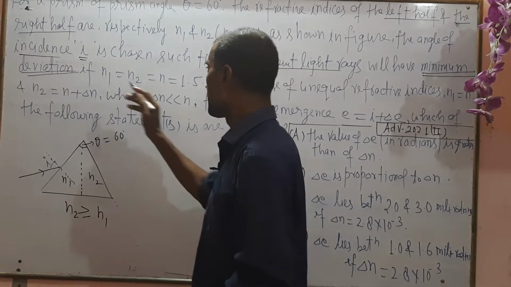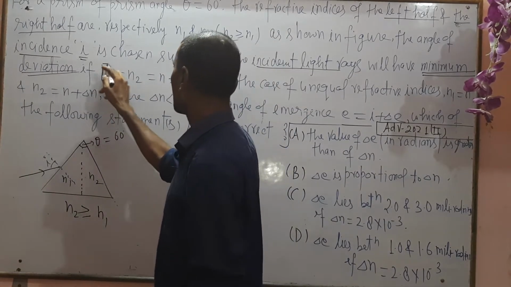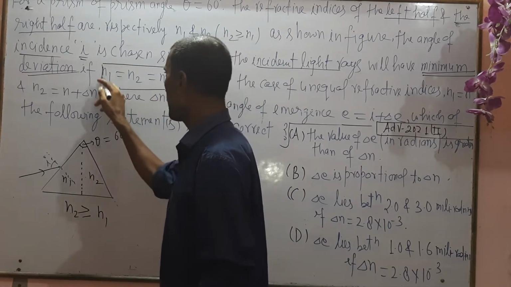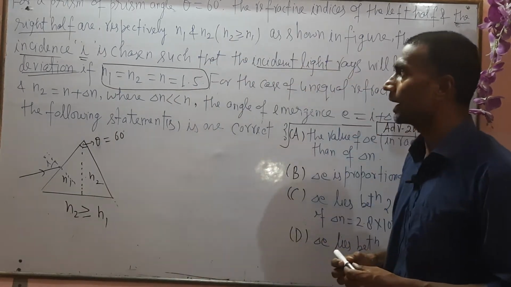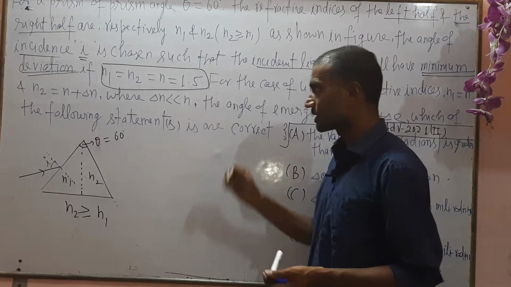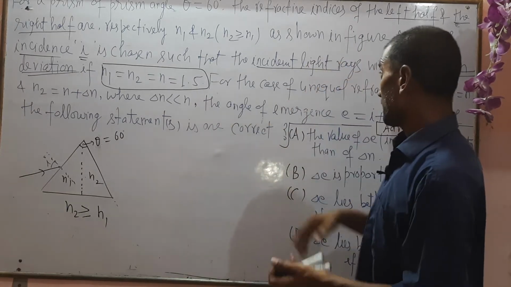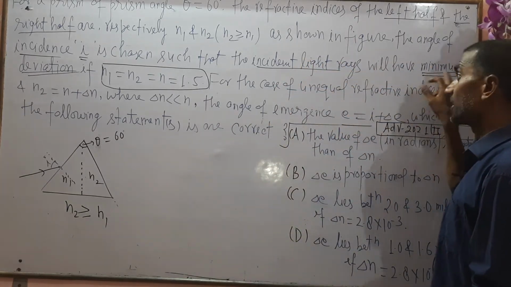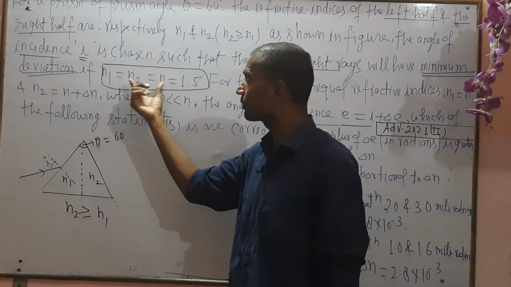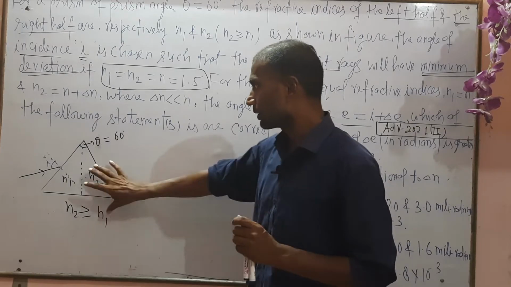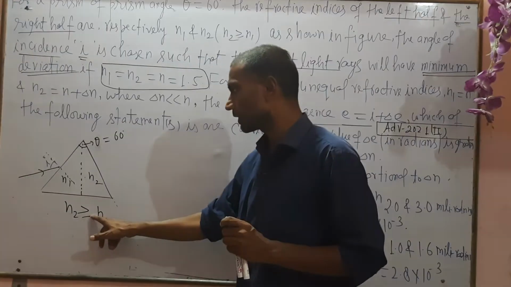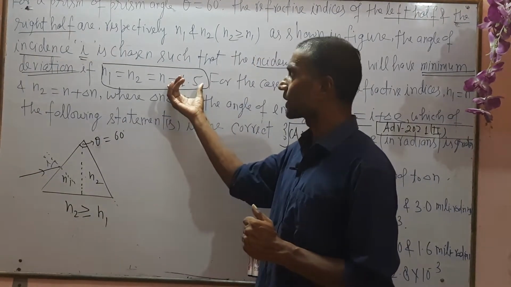Here n1 equals n2 equals n equals 1.5 is given. So the incident ray will be at minimum deviation if n1 equals n2 equals 1.5. This is the particular case of the condition n2 greater than or equal to n1.